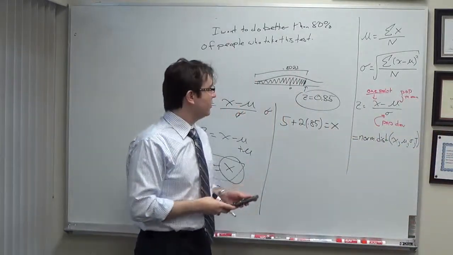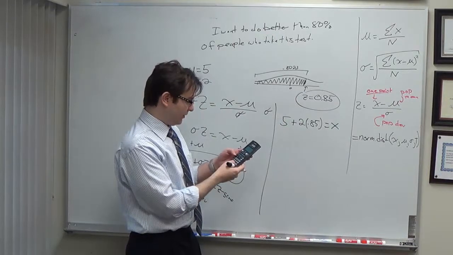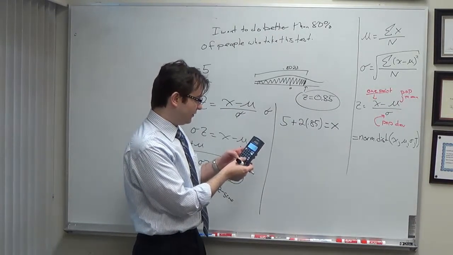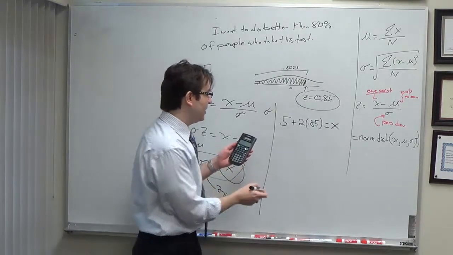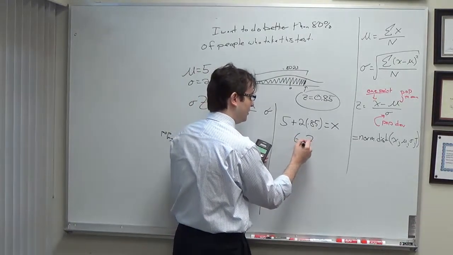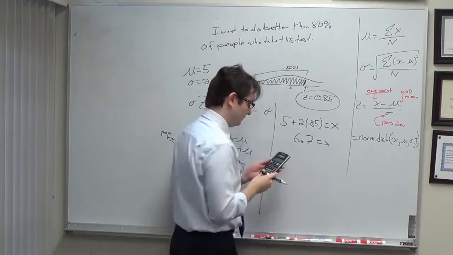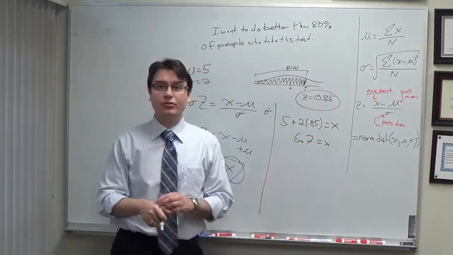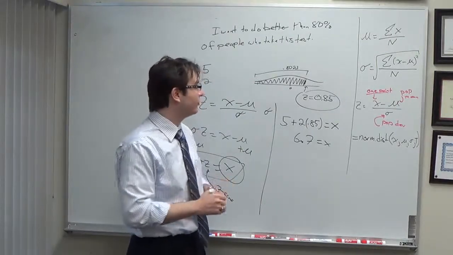So maybe we can take 5 plus parentheses 2 times 0.85, close the parentheses and hit equals, and we find 6.7 hours equals x. So maybe that tells you you have to study 6.7 hours.